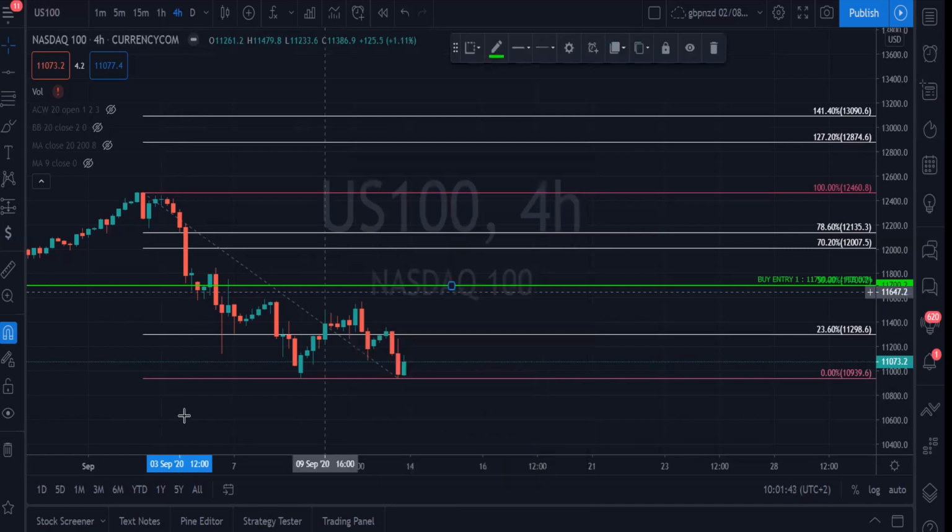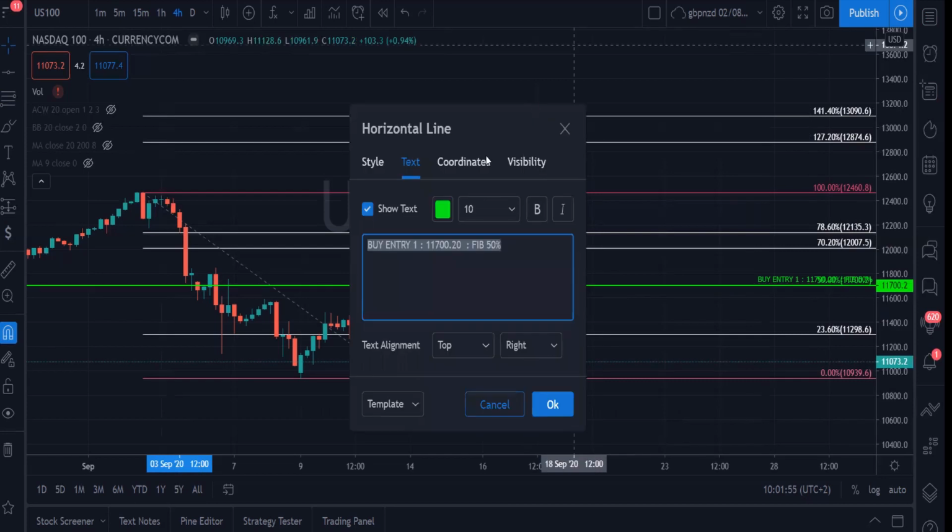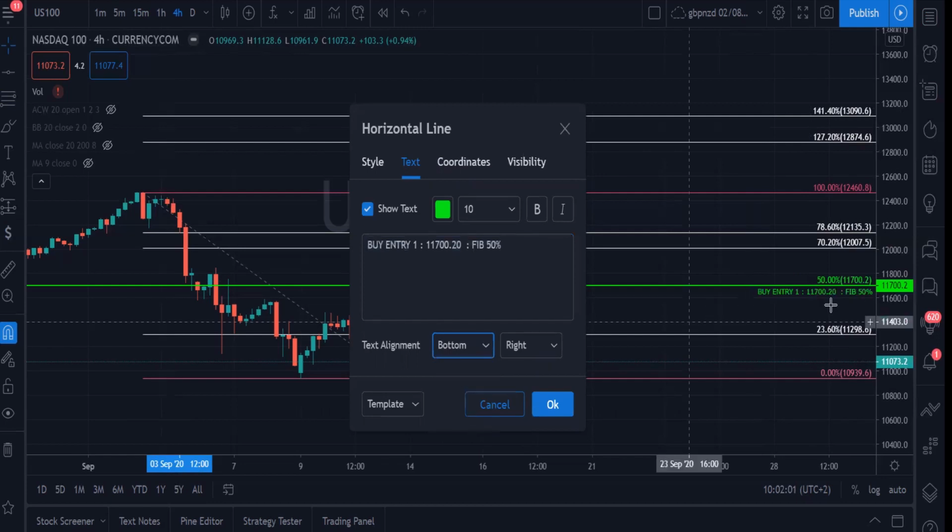Okay, so the line that was here moved to here, and it's got a description. Buy entry, you would not see this here because it's typed over the Fibonacci. So let's move it down for now so you can see it. I'll put it at the bottom of the line. There, it's gone to the bottom. Can you see this? Yes. Can you see this here, right?